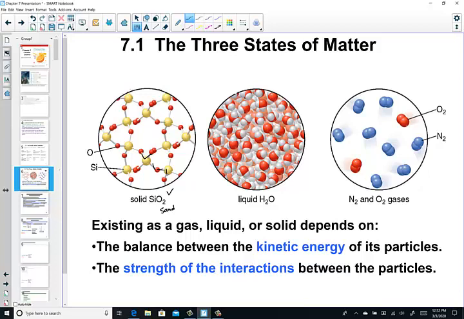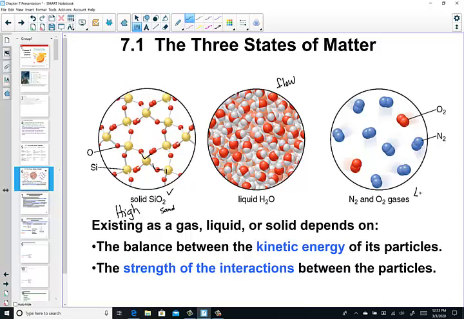A liquid, such as liquid water, is more compacted, but still able to flow past one another. And gases such as nitrogen and oxygen have very high kinetic energy and very rapid freedom to move. So think about molecular attraction as very high intermolecular attraction for a solid.